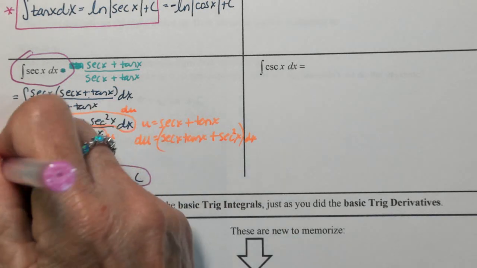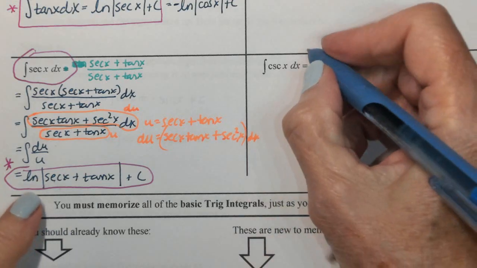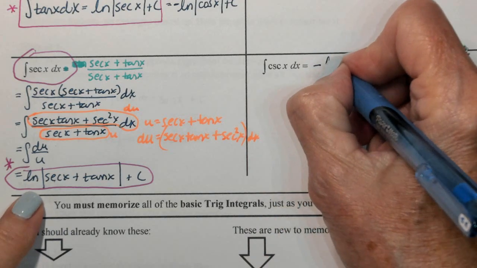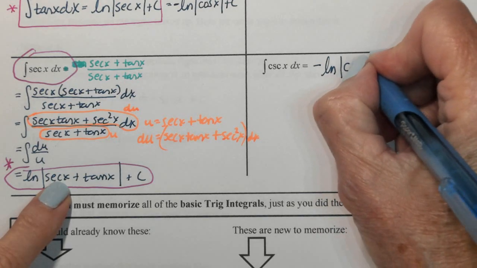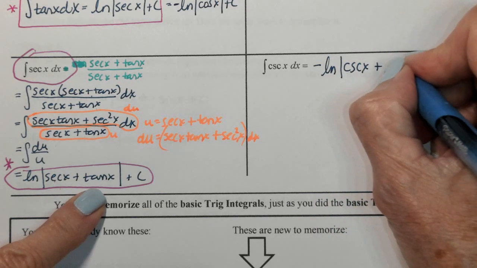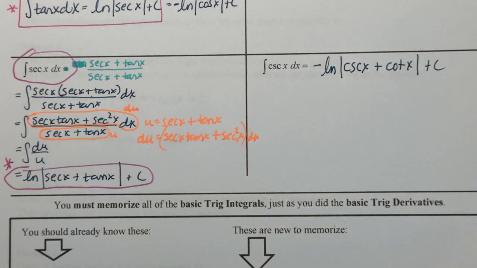We need to memorize that one, because if we get that memorized, this guy over here is easy. Negative ln absolute value, replace secant with cosecant, replace tangent with cotangent. And we got it. Okay?